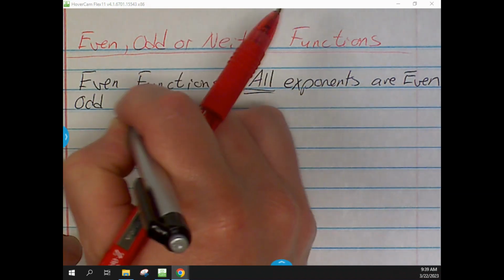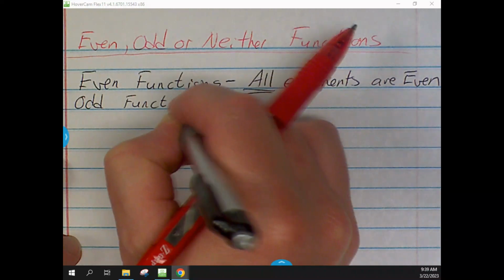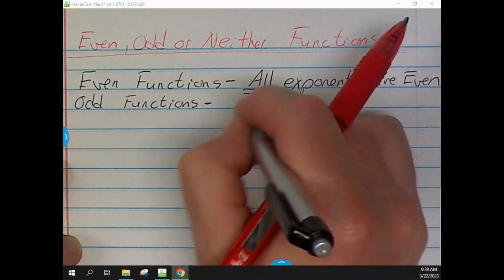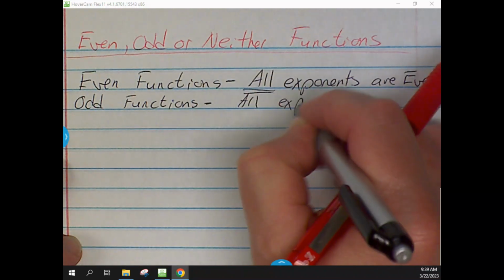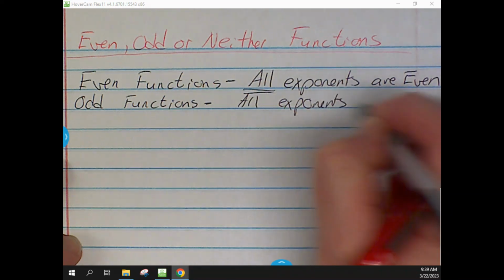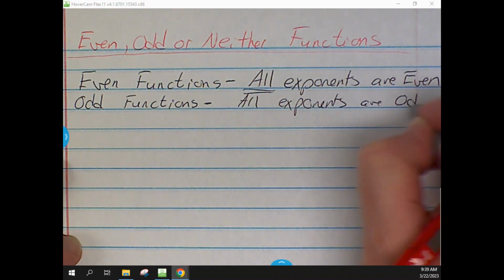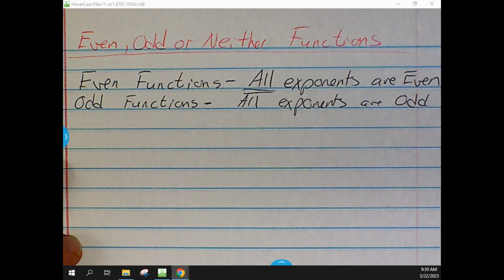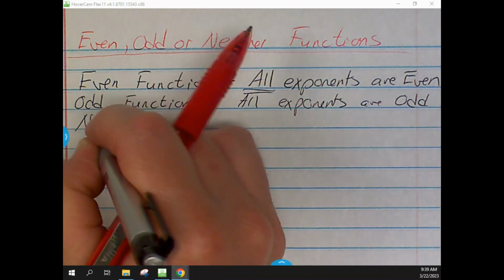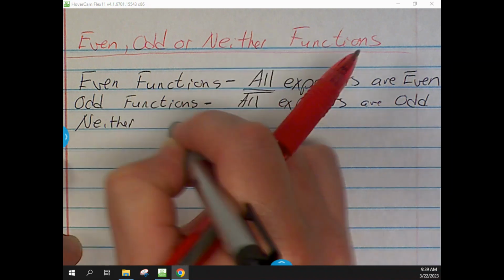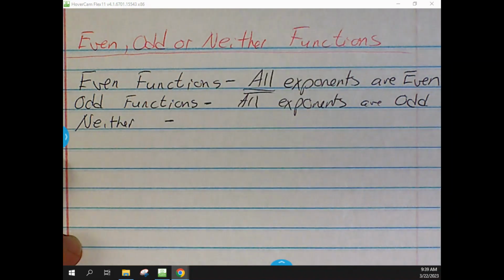So guess what odd functions have? All exponents are odd. All right, and if it's neither, well, it's got a mix of odd and even exponents.